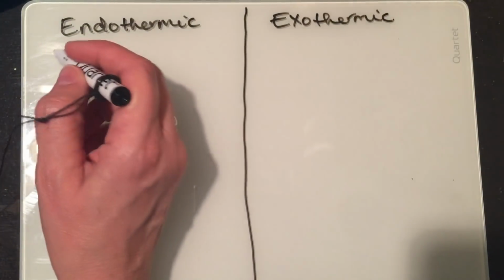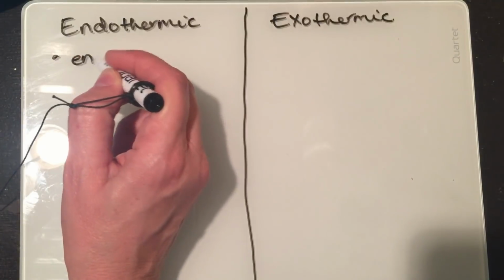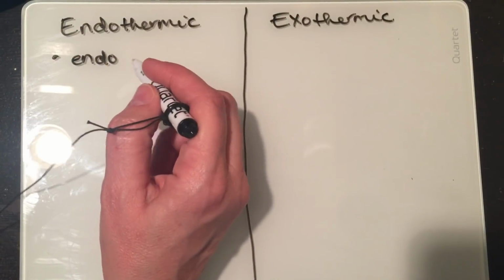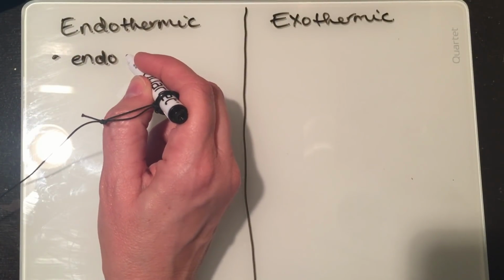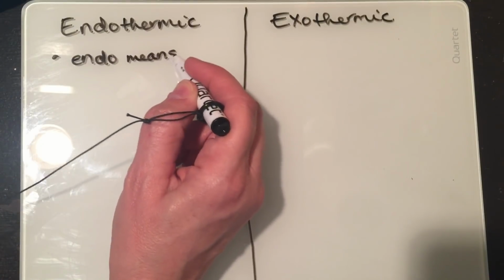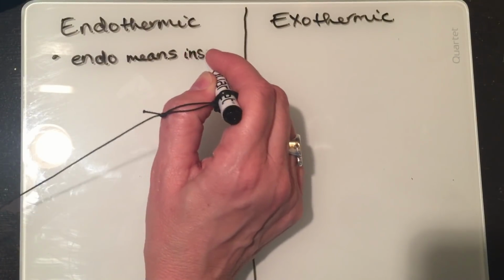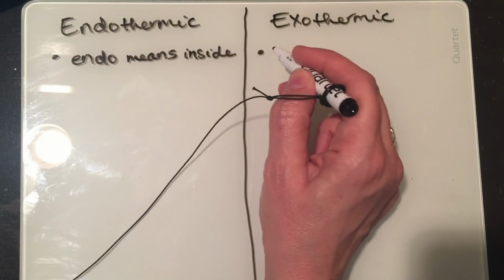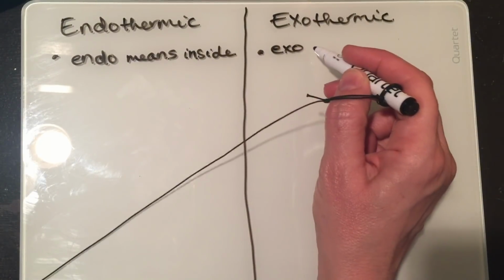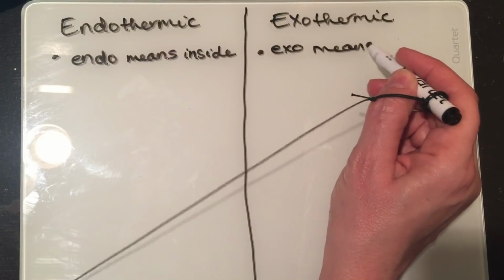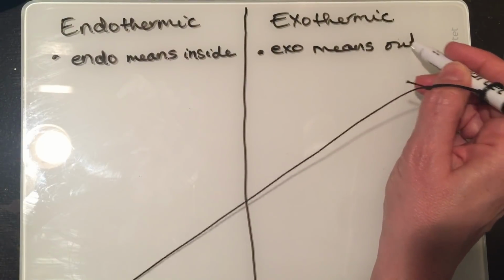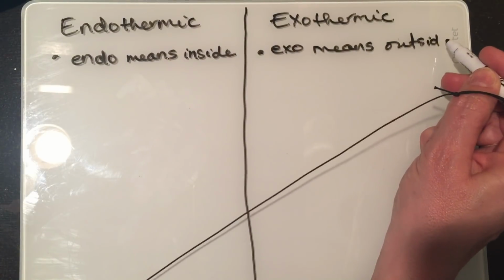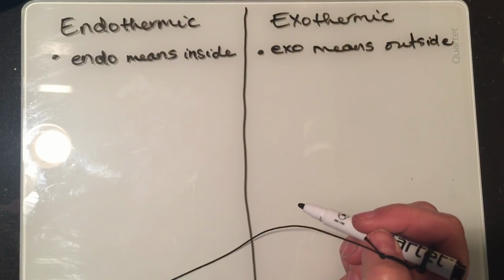Endothermic. Basically, endo means inside. Exo means outside. Exit. Exo, outside. Okay?